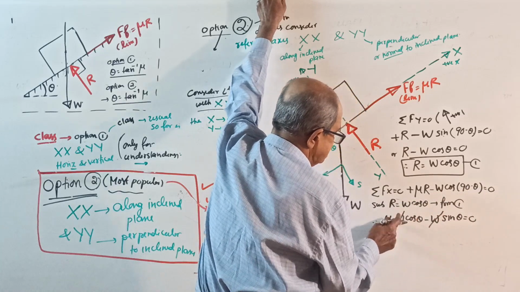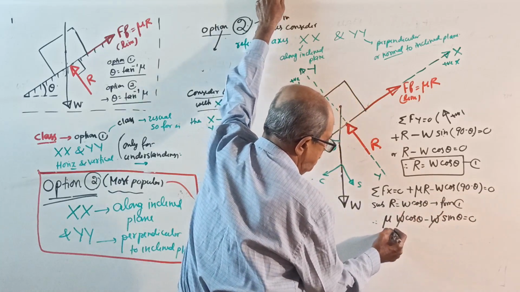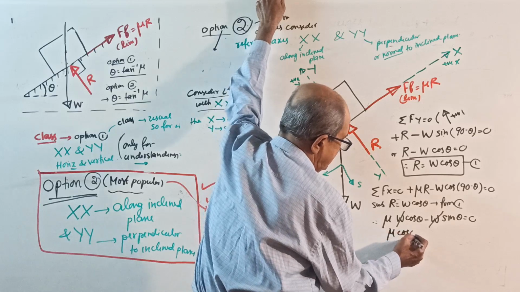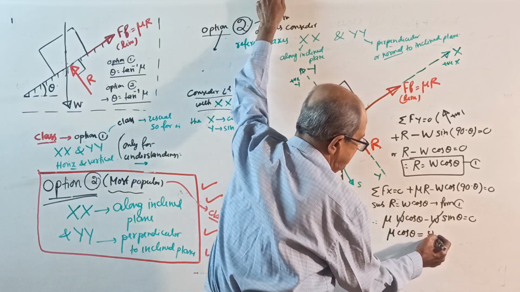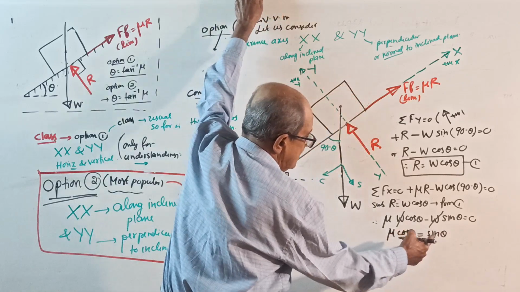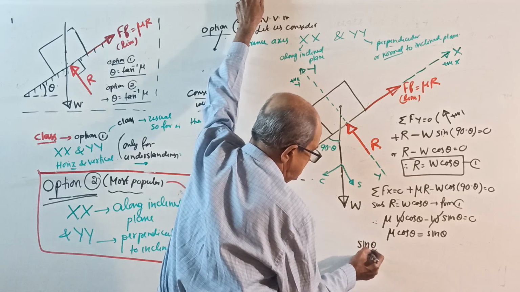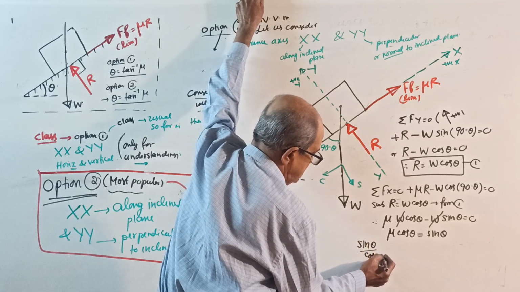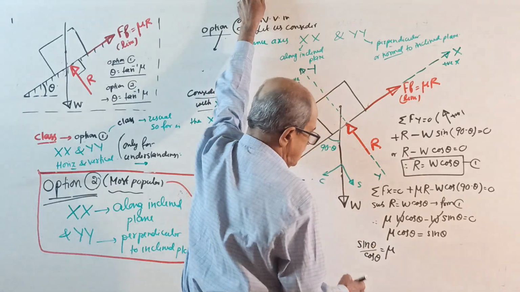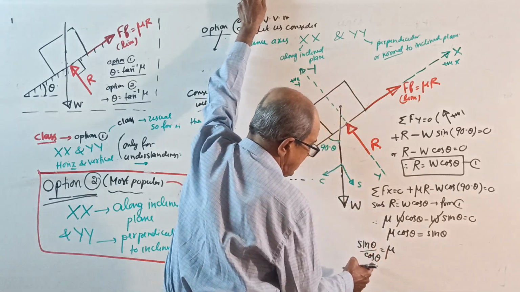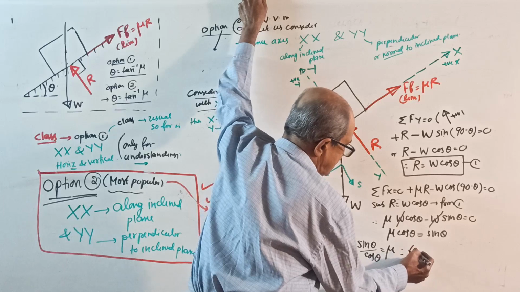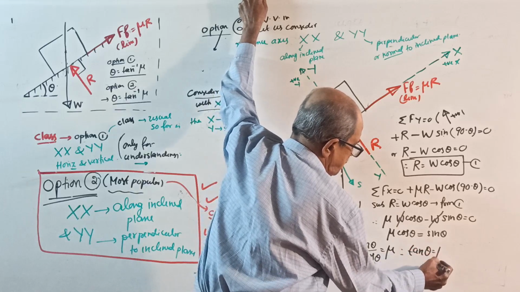W will cancel, and you will get mu cos theta equal to sin theta, or sin theta by cos theta equal to mu. But we know that sin theta by cos theta is tan theta. Tan theta equal to mu.